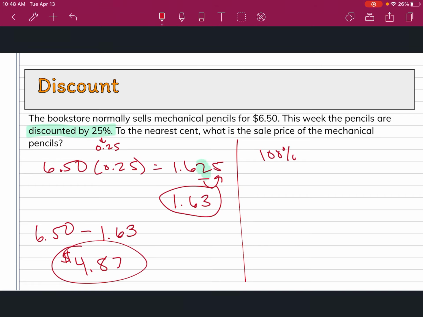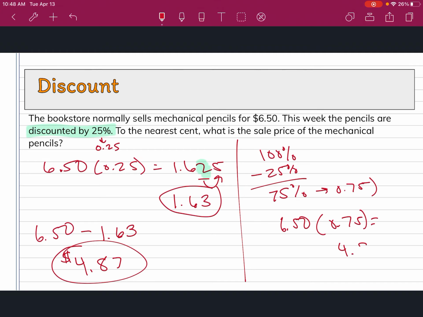So we know instead of paying 100% of our bill, we're taking off 25%, which means we're only paying 75% of that bill. So we're taking that $6.50 and we're multiplying by 0.75 because we know we're only paying 75% of our bill. And when we do that, we get 4.875.